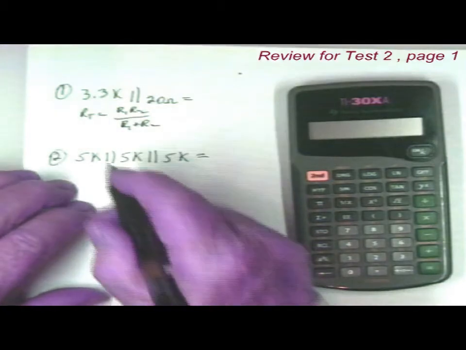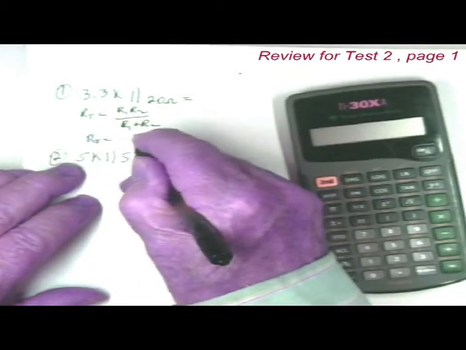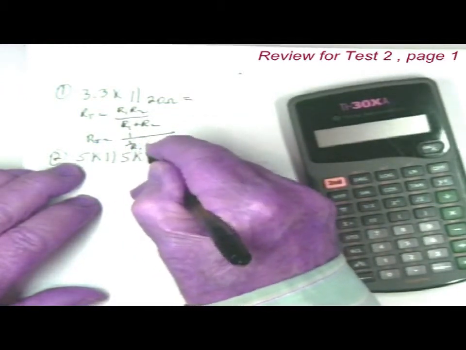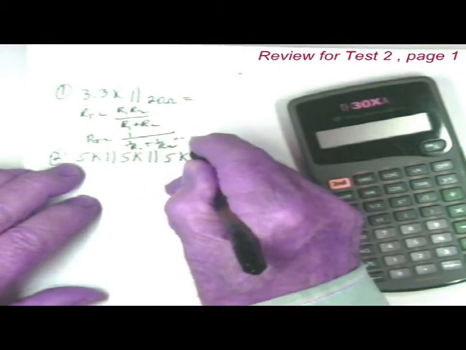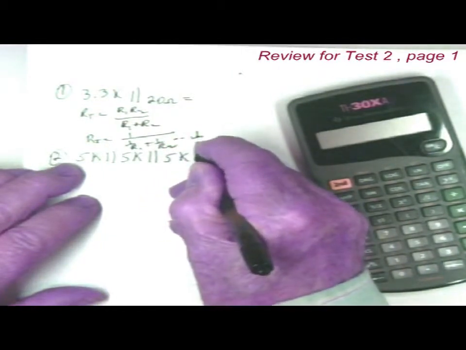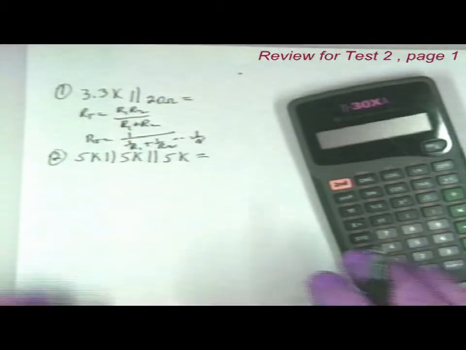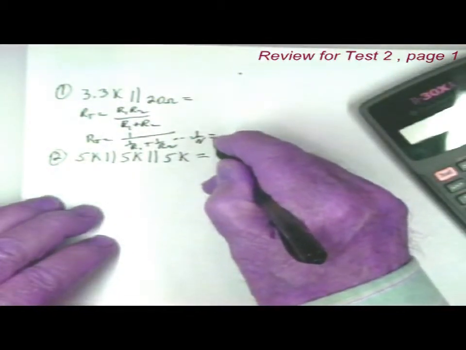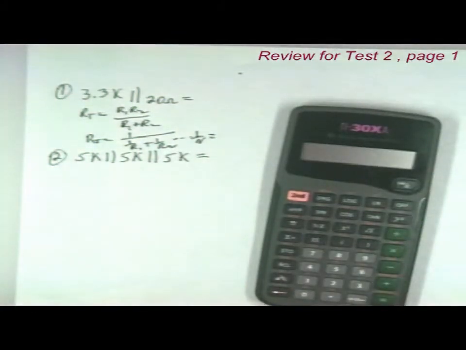No, I'm sorry, the one we use is the reciprocal formula, which is RT equals 1 over R1 plus 1 over R2 out to 1 over N, which means any number. Okay, with that said, let's solve this problem. I'm going to use the reciprocal formula, and we'll use a calculator in order to solve it.